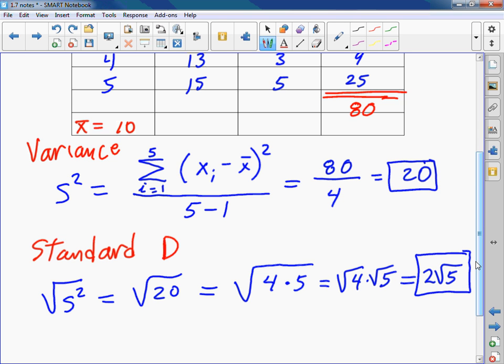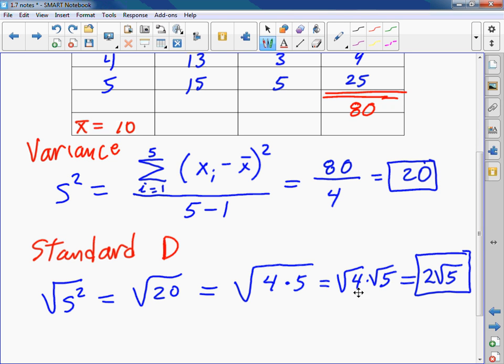Kobe, you are breathing a bad air. What's going on? Is this okay? All right, thanks for admitting it. Are you okay that 4 times 5, that 4 and 5 are both factors of 20, come out evenly? Okay? So I can break this up. Instead of square root of 20, I can say it's the square root of 4 times 5. And then I can break it up further and say it's the square root of 4 times the square root of 5.